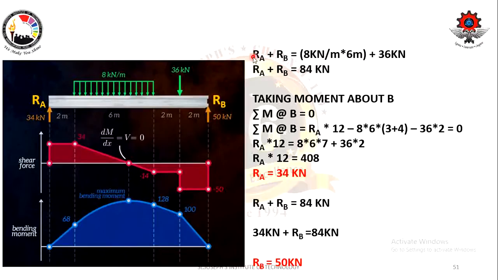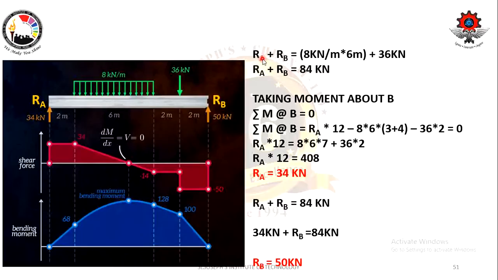So by the side we have the procedure to solve. We know the three equilibrium conditions: the summation of all vertical forces is equal to 0, the summation of all horizontal forces is equal to 0, and the summation of moments is equal to 0.